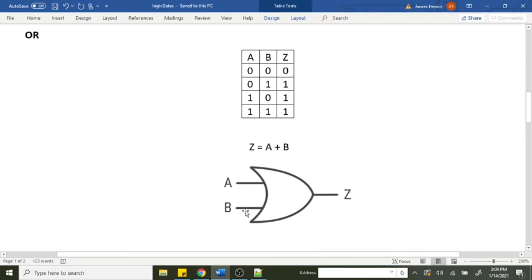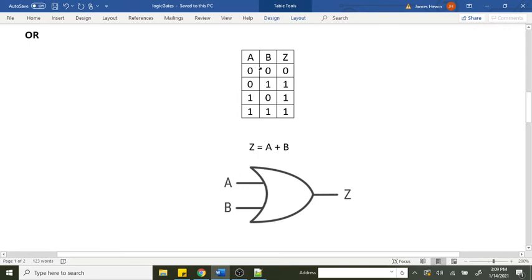So for the OR function, 0 or 0 is going to produce a logic 0. 0 or 1 will produce a logic 1. 1 or 0 will produce a logic 1. 1 or 1 will produce a logic 1. So again, if this were a 3-input OR gate, then it would always produce a 1 on the output except for the first row where all the inputs are 0.